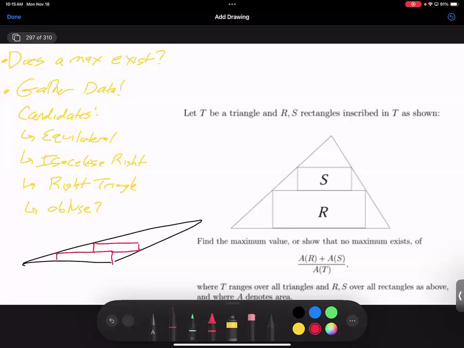When I'm looking at this, I'm making the assumption from how the picture is drawn that I'm going to have two vertices hitting the two sides of the triangle, and they're going to be the vertices at the same level of each rectangle. So here it's going to be these two vertices hit, and then these two ones miss, and then these two hit, and then these two ones miss.